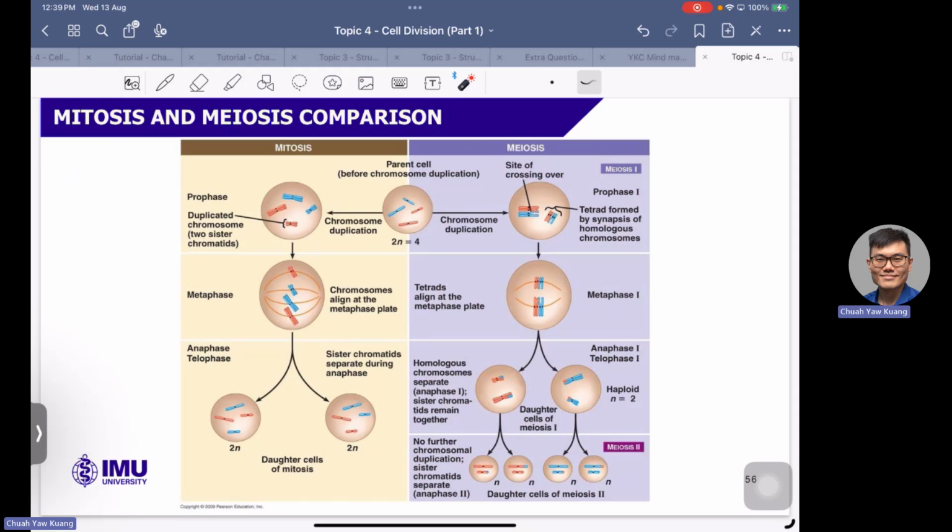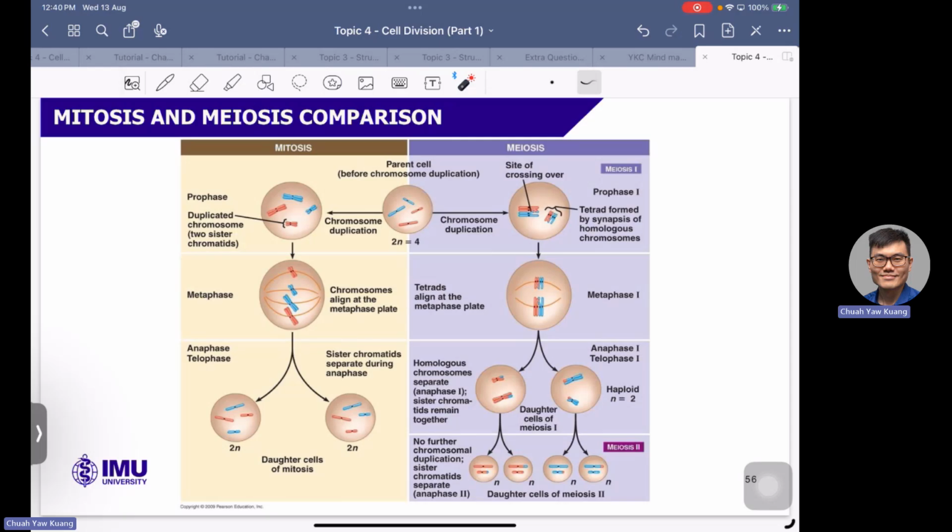The second point is the genetic content. Mitosis produces diploid cells. Meiosis starts with 1 diploid cell; after meiosis 1 it becomes 2 haploid cells, then in meiosis 2 the 2 haploid cells become 4 haploid cells. So diploid becomes haploid, haploid becomes haploid.